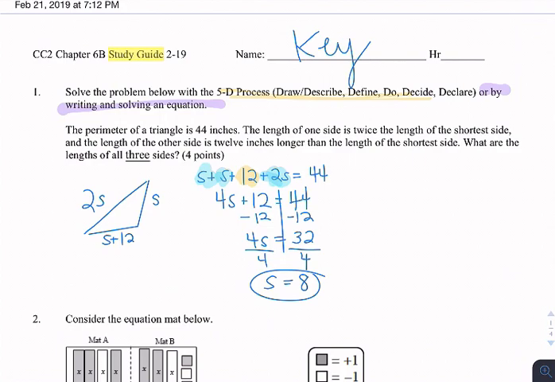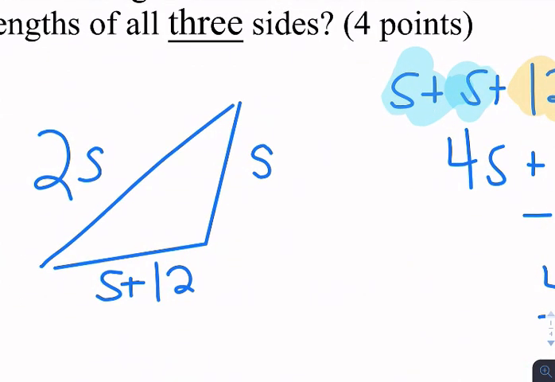I started by drawing the triangle. I didn't get any information about the shortest side, so I made my shortest side S because that's all I know about it. It is S units long. Then I found out that one of the other sides is twice what the shortest side is.